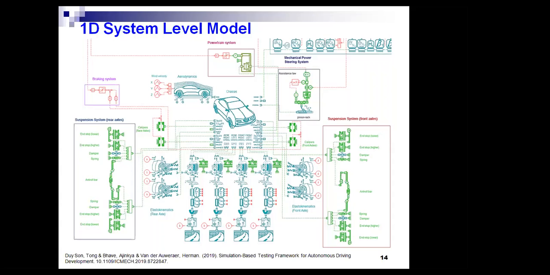Basically, the 1D approach is used because we cannot model everything in a three-dimensional environment as in real conditions, because of computational limitations and software limitations. Considering that, we have to choose an appropriate methodology for the required applications and verification: where to use the 1D approach, where to use the two-dimensional approach, where to use the three-dimensional approach, and where to use multi-physics approaches.